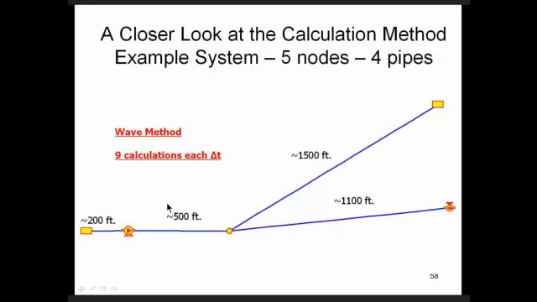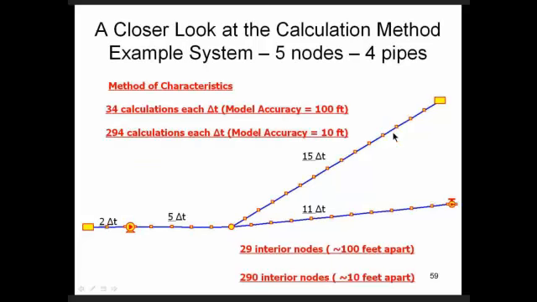Okay, so let's take a closer look at the difference between these approaches. With the wave method, you calculate at each component. In this little problem, I'm calculating at the reservoir, the pump, and the junctions here and here, each time step. So I make a calculation for each of those and one for each of the pipes. So I'm making 9 calculations. With the method of characteristics, however, you have to do interior calculations, and you might do them, say, at every 100 feet.